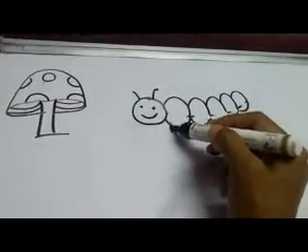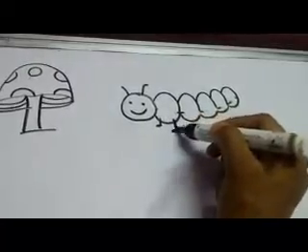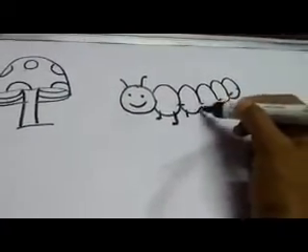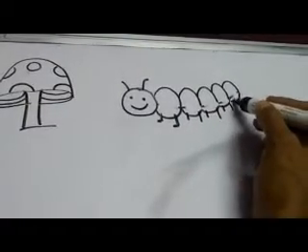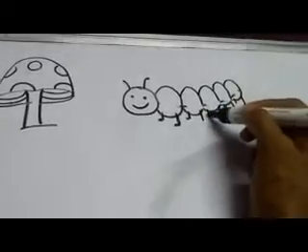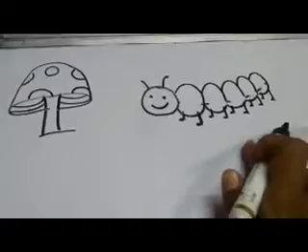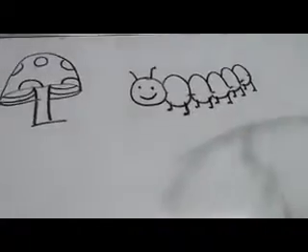I made one line small, the other one bigger. And make like this. It's looking like legs. This one small, this one big. Small, big. Small, big. Small, big. And just make like this. See, you got your caterpillar. Okay, so this is coming and eating.